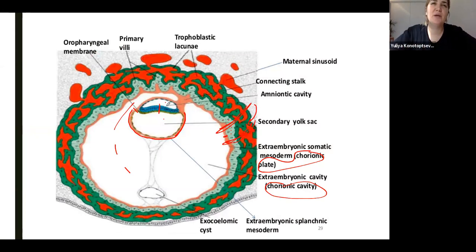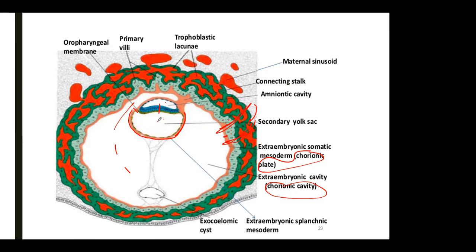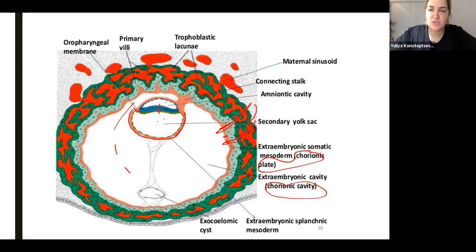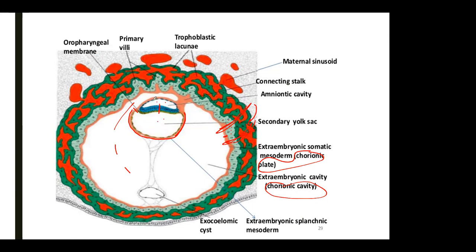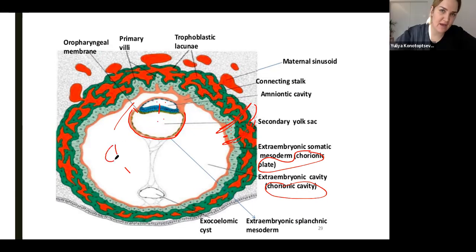Which extraembryonic mesoderm will be covering the yolk sac? The extraembryonic splanchnopleuric. Which will be covering the amniotic cavity? Somato. Which one lines the chorionic cavity?